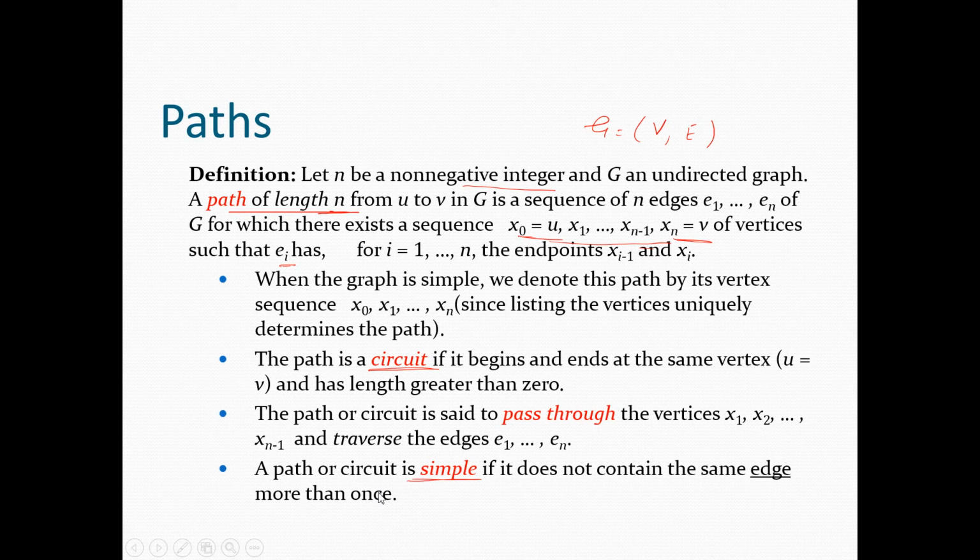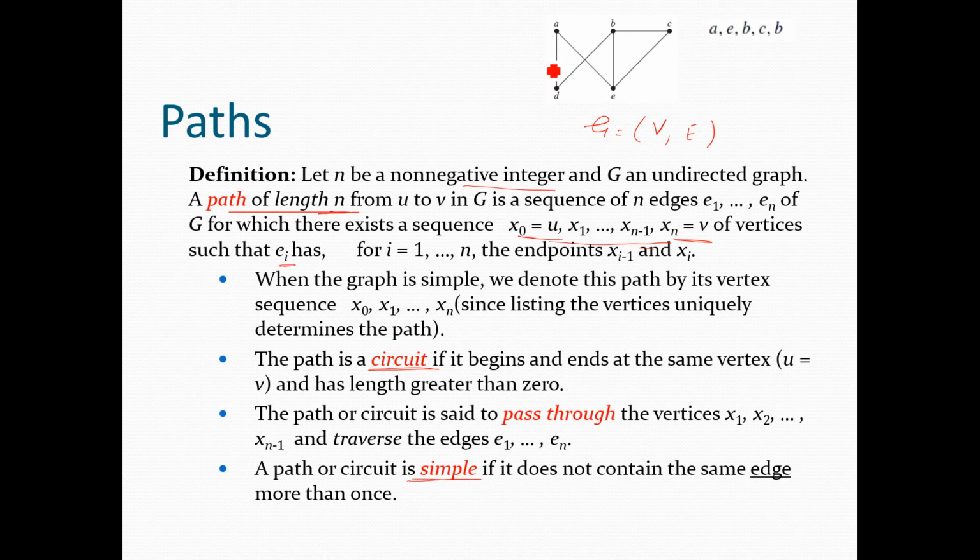Okay. So let's see an example. This is the graph A, B, C, D, E. So it has 5 vertices and 1, 2, 3, 4, 5, 6 edges. Okay. So let's try a few sequences.